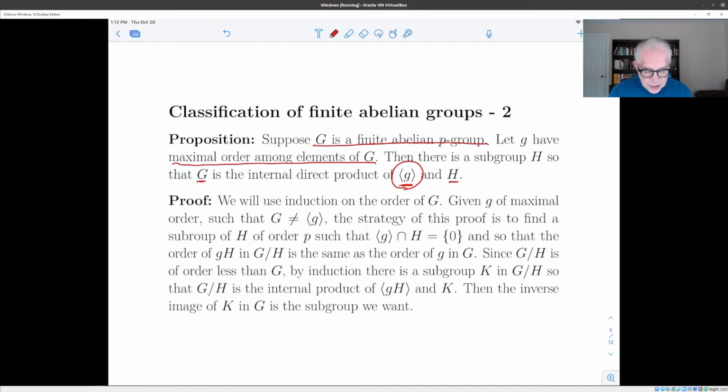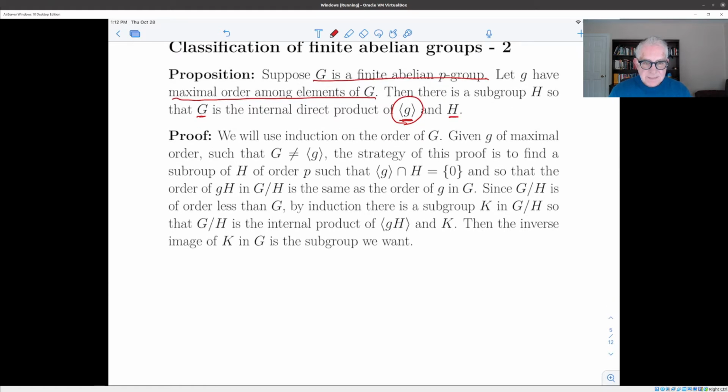And we're going to again assume inductively that our result is true for groups of order less than n. And then we're going to use that to have the result for H and G mod H, and then from that move to G. So let's take our g of maximal order.